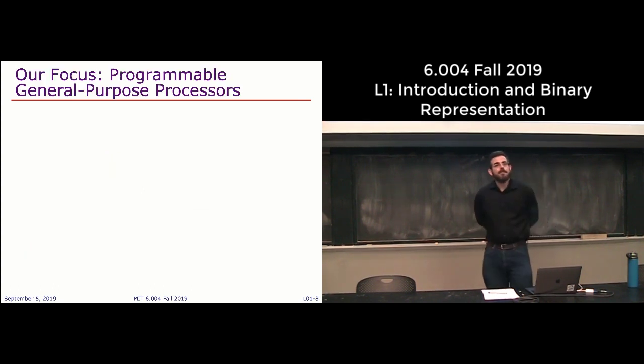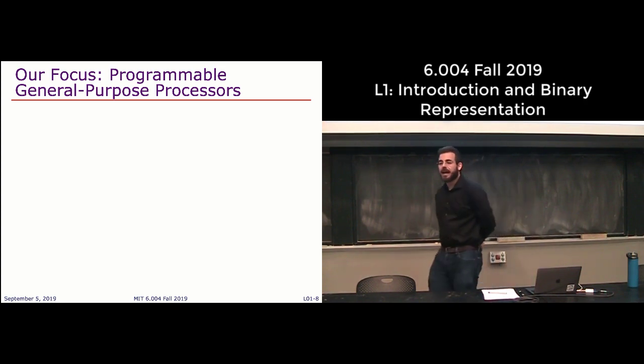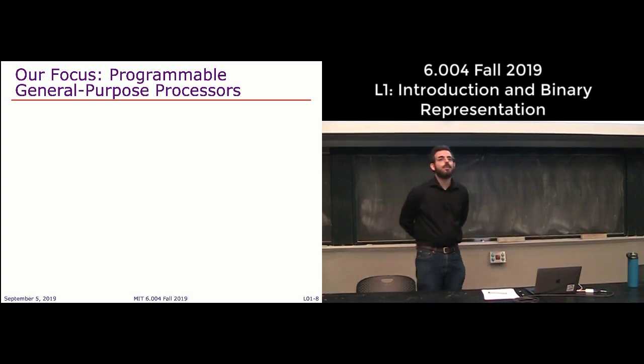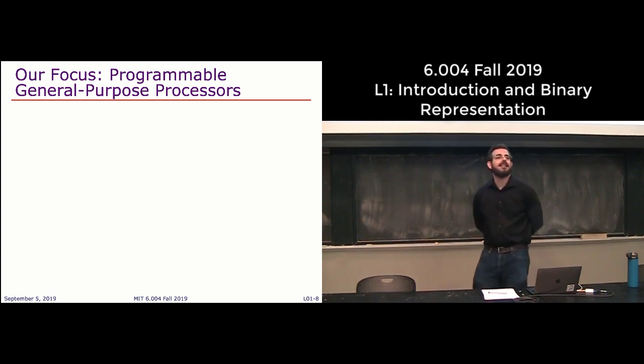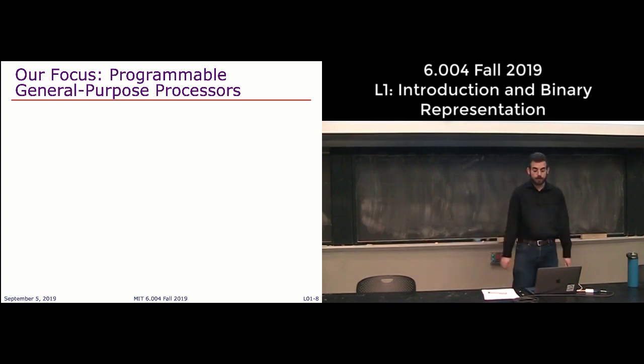Okay, so there are many, many different kinds of hardware that you could build with what we will learn in this course about hardware design. But we are focusing particularly on general purpose processors, right? On designing something that is essentially a very simple version of the processor that you all have today in your laptops, your cell phones, and so on. And there are 2 reasons for this.